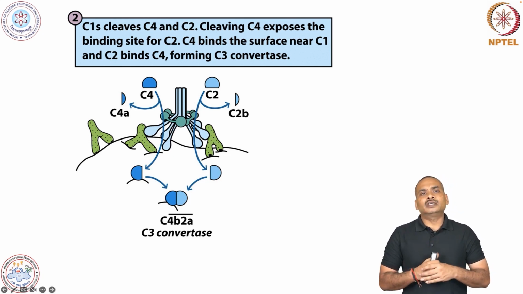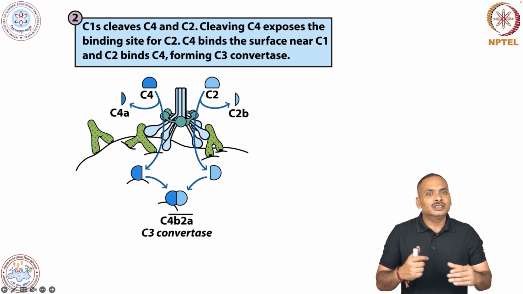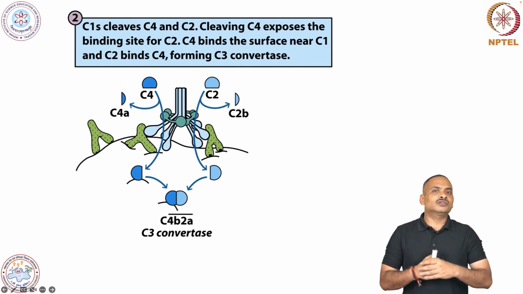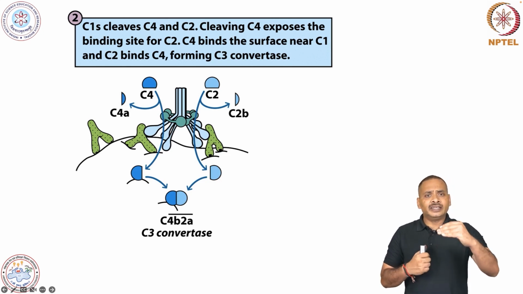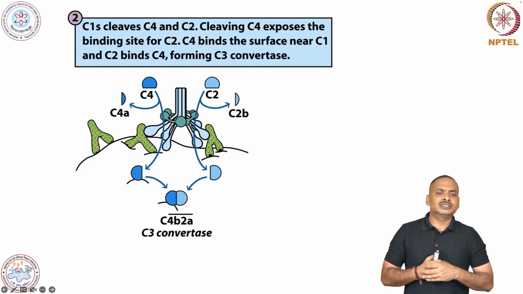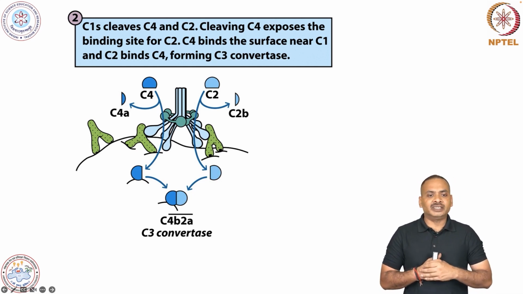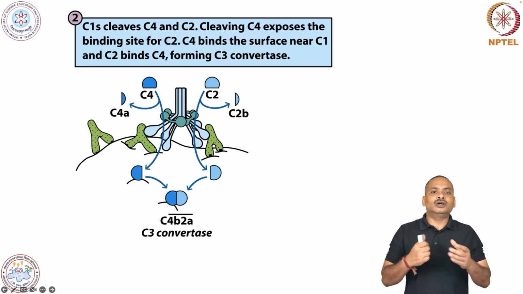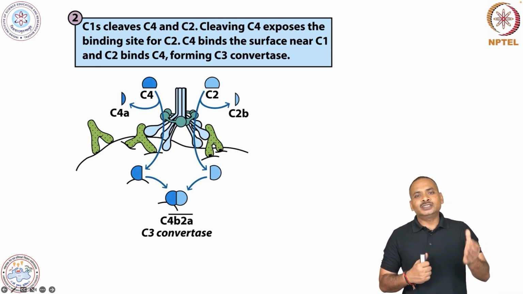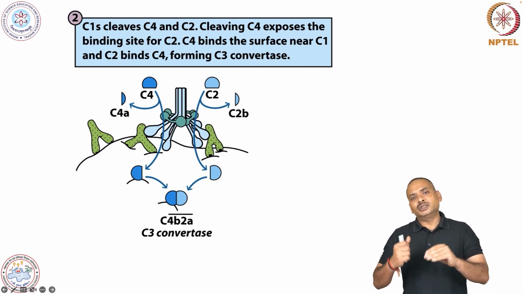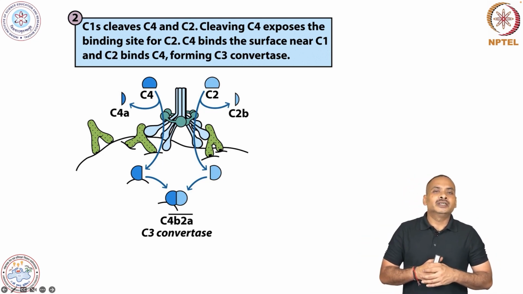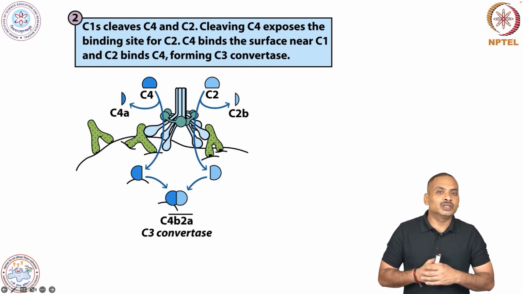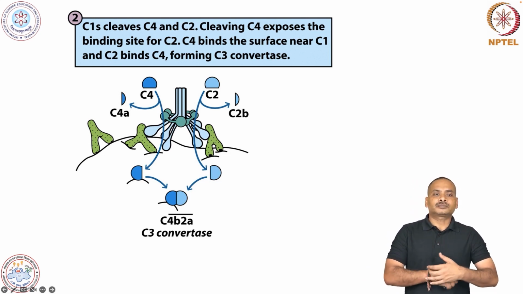If you remember, the aim of activation of complement is to generate C3 convertase, and here the C3 convertase is basically C4B2A, and this has an enzymatic activity. So once there is a lot of C4B2A, it will convert a lot of C3 into C3A and C3B, and C3B will be coated over the microbial pathogen.